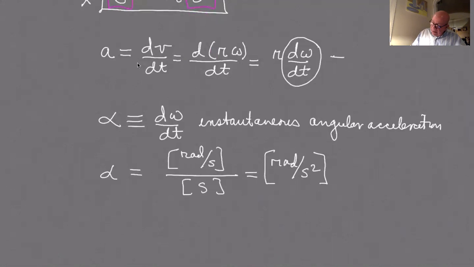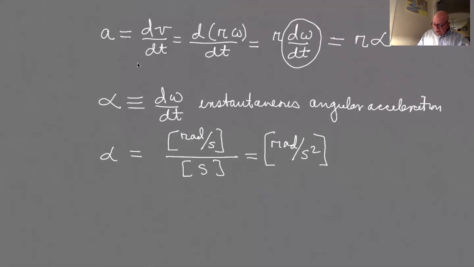So then this becomes r times alpha. Okay. If we were to talk about average parameters, then the average angular acceleration is going to be equal to r times the change in the average angular velocity with respect to time.